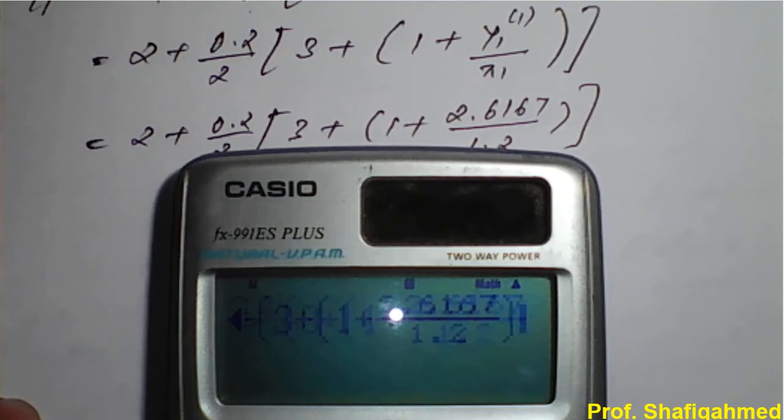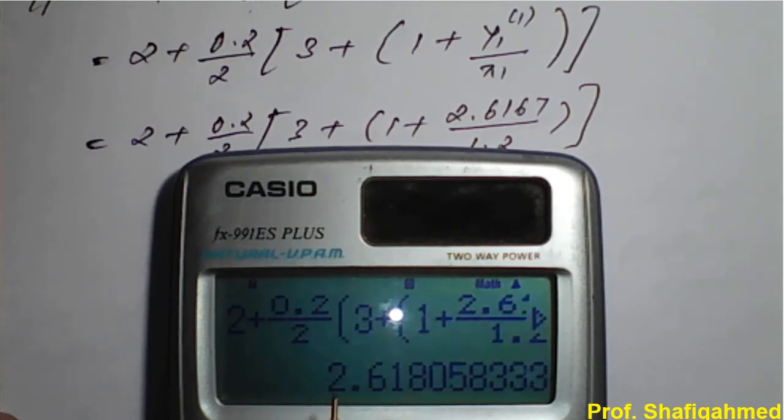Okay, close the brackets, two brackets, equal to sign. So we got the answer 2.61805. So up to 4 decimal.